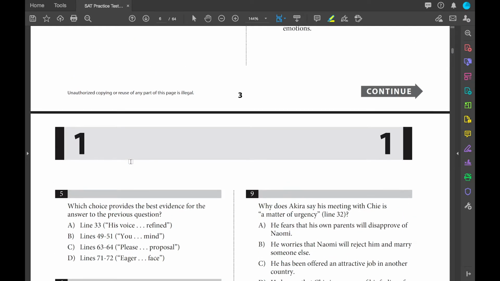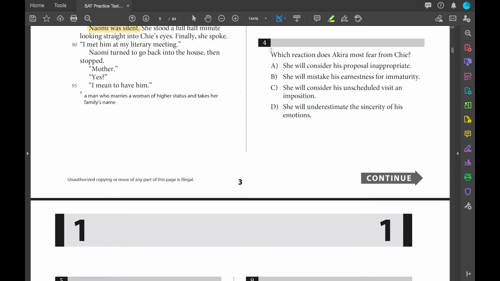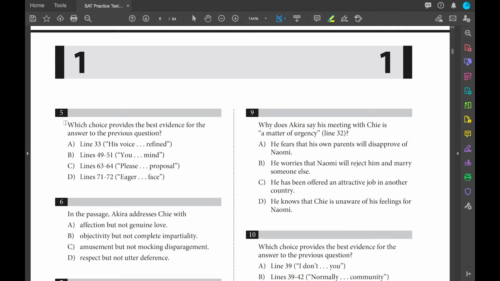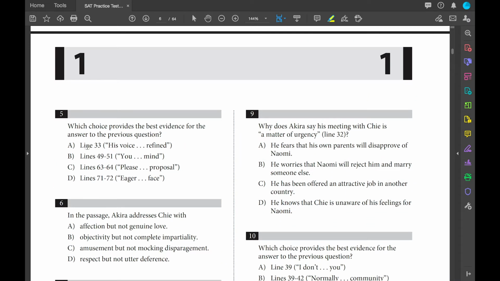And the way to approach this, and I cannot stress this enough, it's the most important, is to go to question 4, go to the first question, read the question, which reaction does Akira most fear from Chiya? Ignore the rest of 4. You're just looking at the question. So which reaction does Akira fear from Chiya? Go to number 5. And now you're finding the evidence for where it even talks about Akira fearing from Chiya.